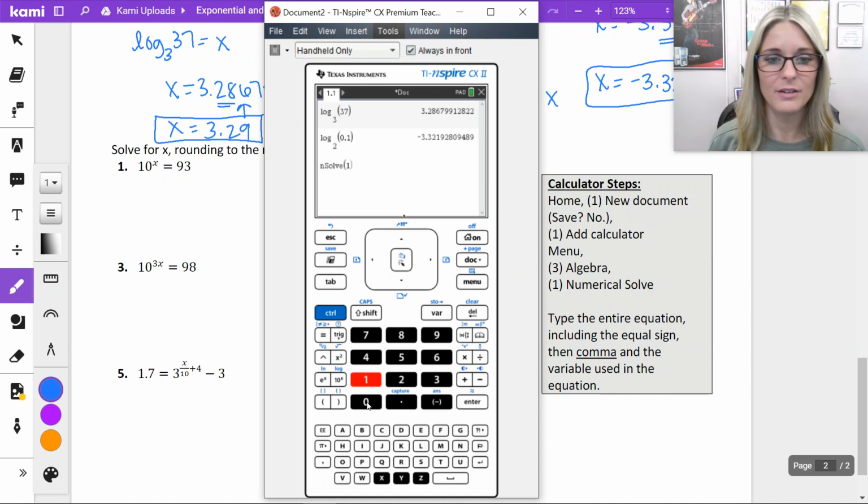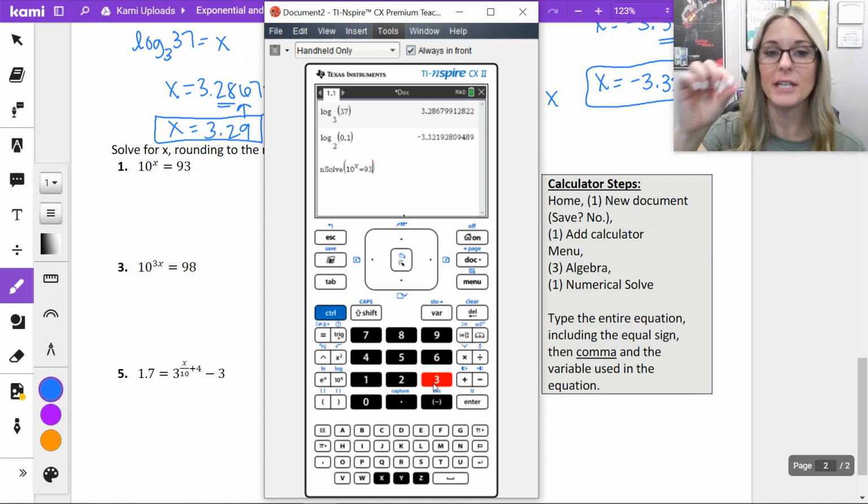All right, so we're going to do number 1 here. We're going to do 10 raised to the x. Now, careful on these. Arrow out to the right here. We were up in exponent land. I need to come back down to the floor. So we had 10 raised to the x, arrow over to get out of the exponent land. Your equal sign is right here below the control button, 93. There's my full equation: 10 raised to the x equals 93.